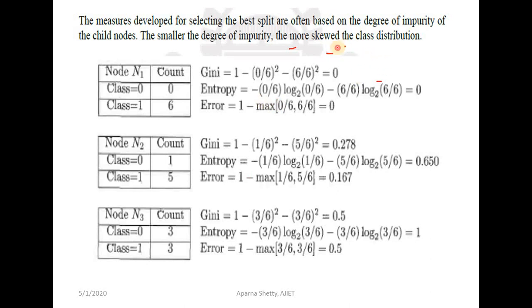Minus summation of i is equal to 0 to C minus 1. Here there are how many classes? Two classes are there, so 2 minus 1 will be 1. i is equal to 0 to 1. P of i given t log to the base 2.